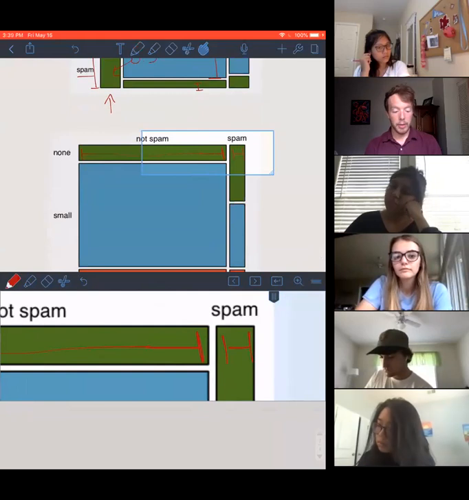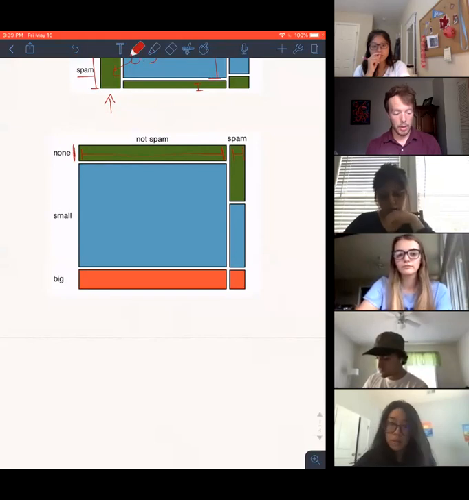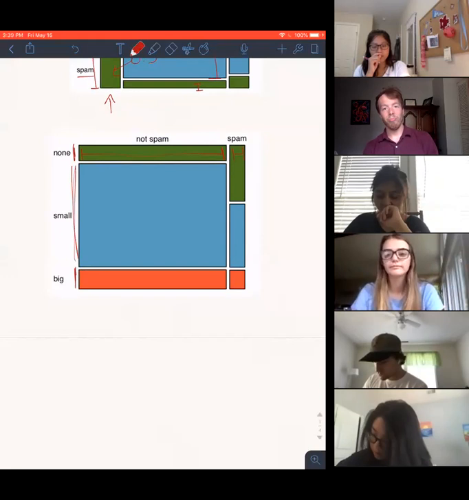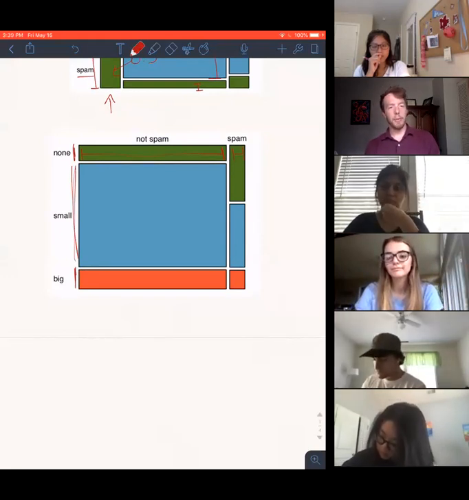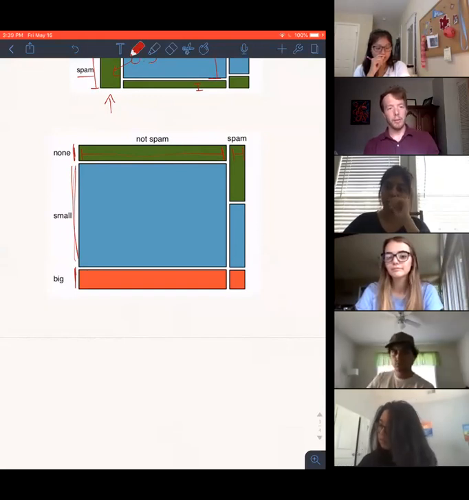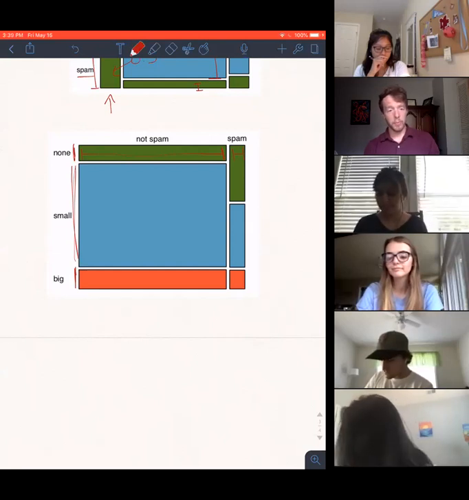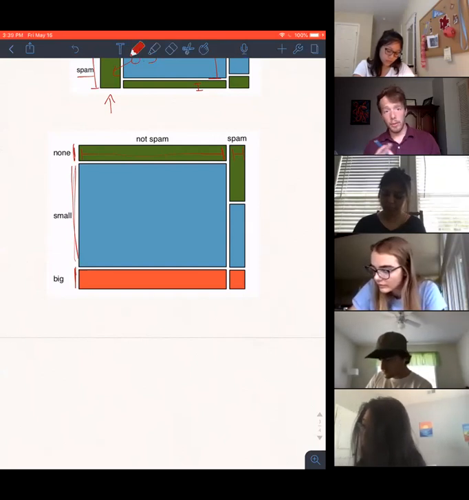And then considering now only the not spam category, this amount in the not spam category was none, this amount was small, and this amount was big. Any questions on this? When I first saw these plots, it was like, I don't know what this is saying at all. And then when it clicks, it shows you the relationship between two categorical variables, which complements what we were doing last time. We were using scatter plots to look at the relationship between two numeric variables.